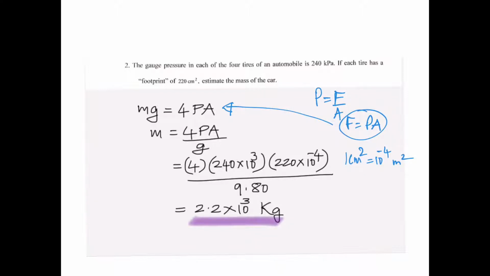That is why 220 centimeters squared here is 220 times 10 to the negative 4 meters squared. So remember, that's in meter squared. That is in pascals. And that's in meter per second squared. So you get the answer as 2.2 times 10 to the 3 kilograms, which is 2200 kilograms, which makes sense for the mass of a car.